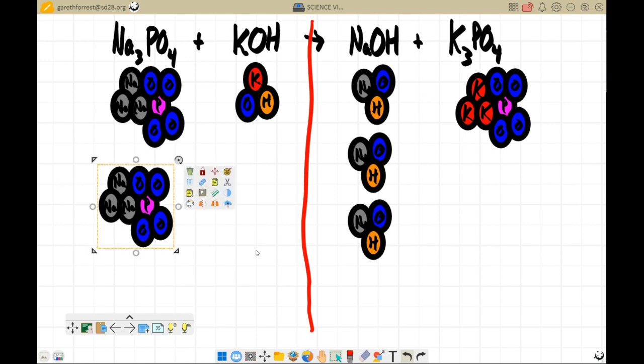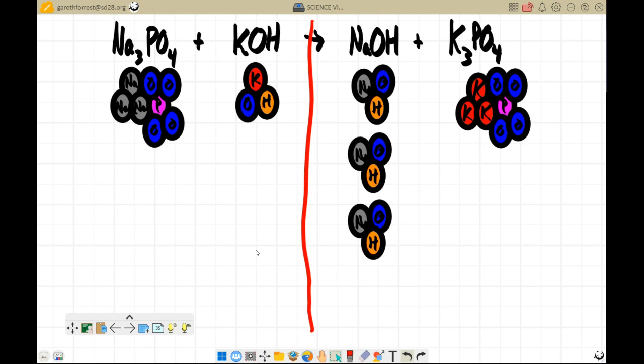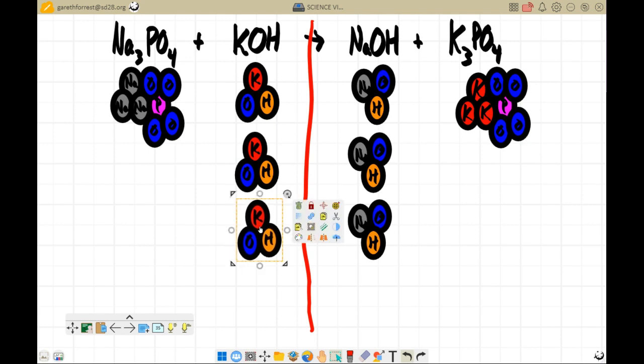But there is an easier way to achieve this. Instead, I'm going to go with copying the KOHs here until I have enough oxygens. So I've got 4 here plus 3 more here, comes up to 7 overall versus the 7 that we have on the right side. So the oxygens are now balanced.